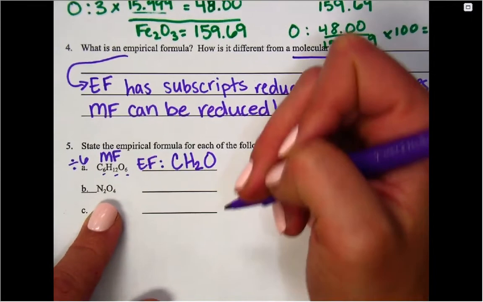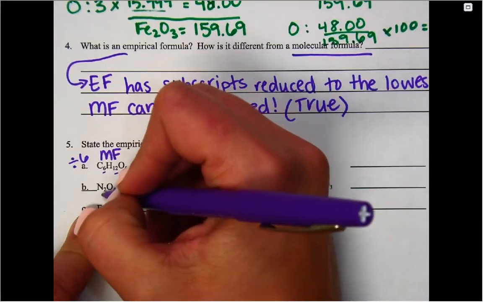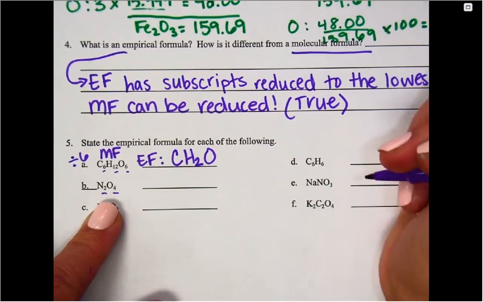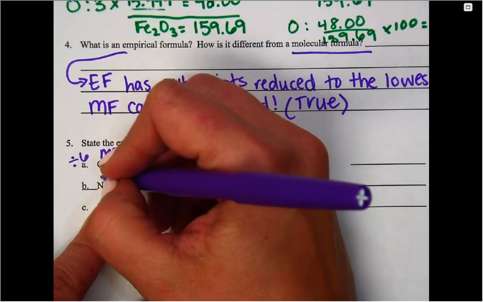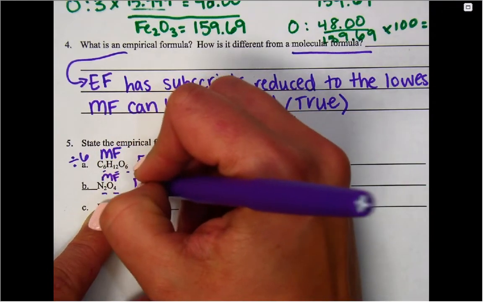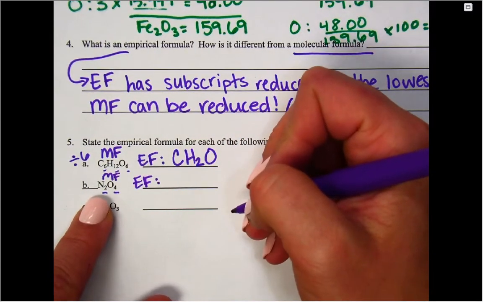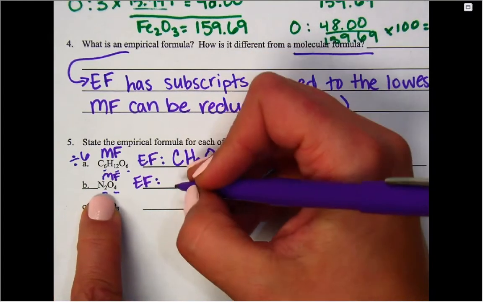Okay? All right, next we have N2O4. So we have a 2 to 4 ratio. Is that at its simplest ratio? No. Okay? So again, this is molecular formula. So we're going to reduce it to what empirical formula? We're going to divide both of them by what number? A 2. So what is 2 divided by 2? 1.